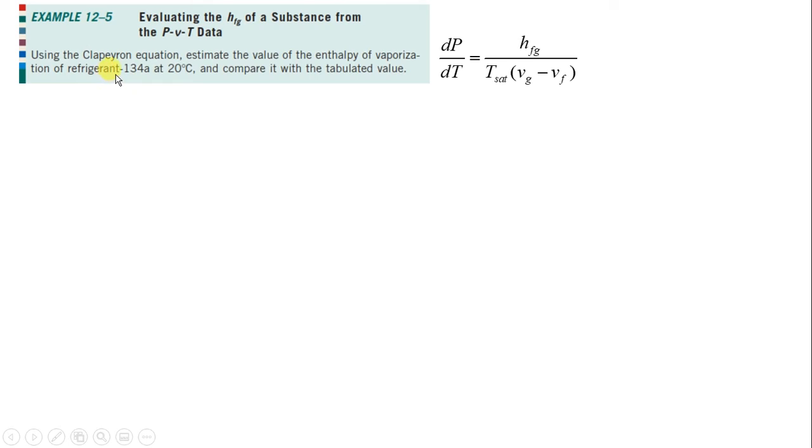A refrigerant is a working fluid in your refrigerator or air conditioner. So refrigerant 134A at 20 degrees Celsius, and we have to compare this Hfg value with the standard tabulated value which we get from experiments. Experiments are done, and using that we form a table.